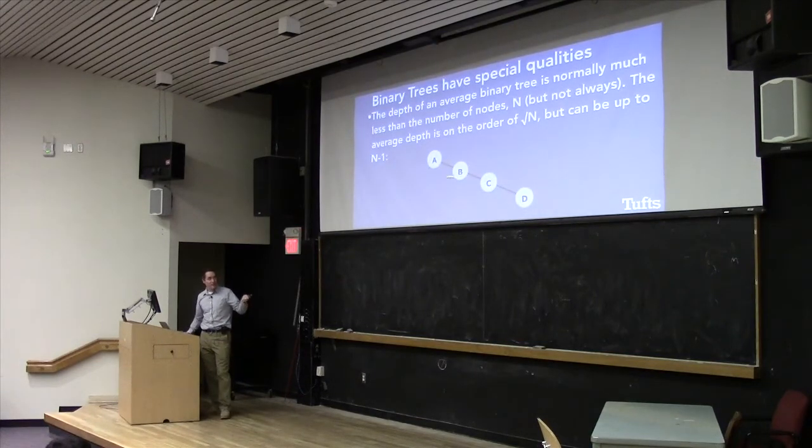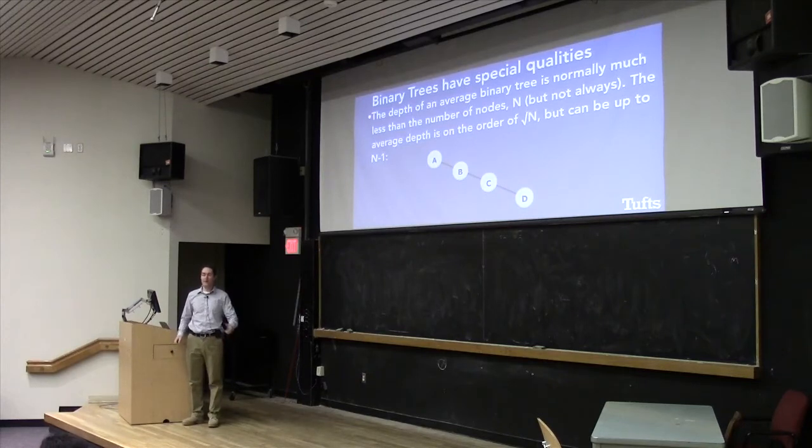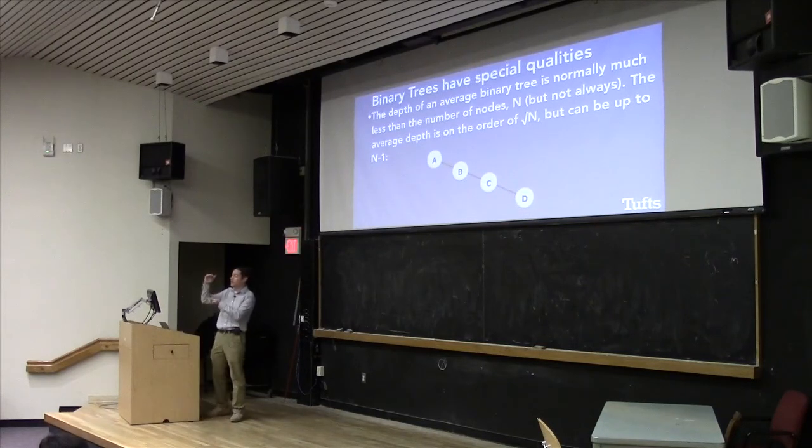Sometimes we get these weird degenerate cases. We'll see a little more of that. But the depth of a binary tree is generally very good for accessing down the list, because you don't have to go very far. Generally it's a very shallow data structure, which is nice. Binary search trees, which we'll get to in a minute, are even better.